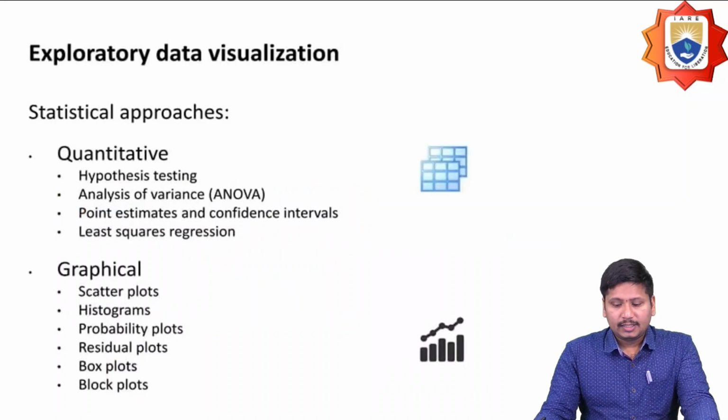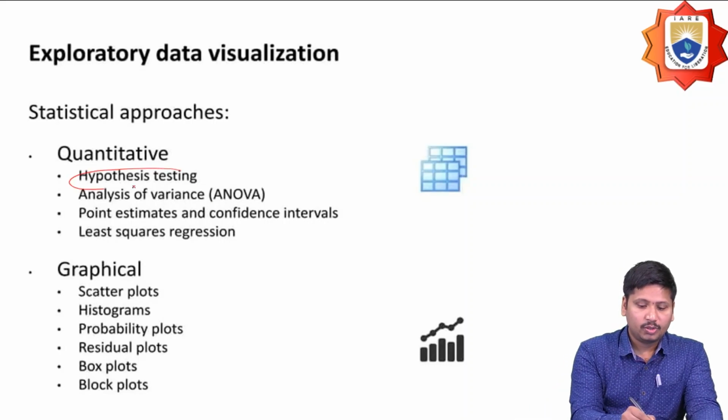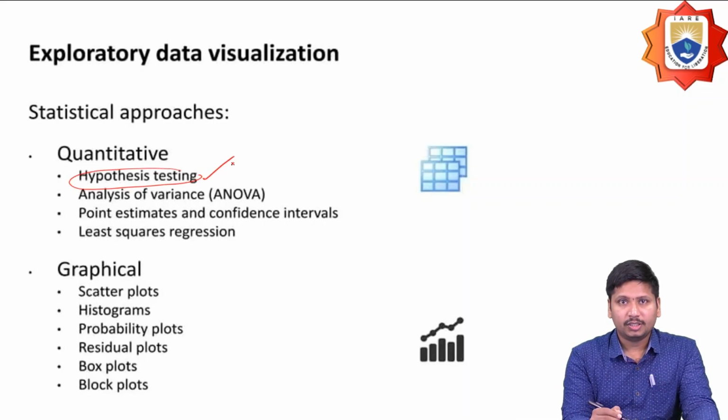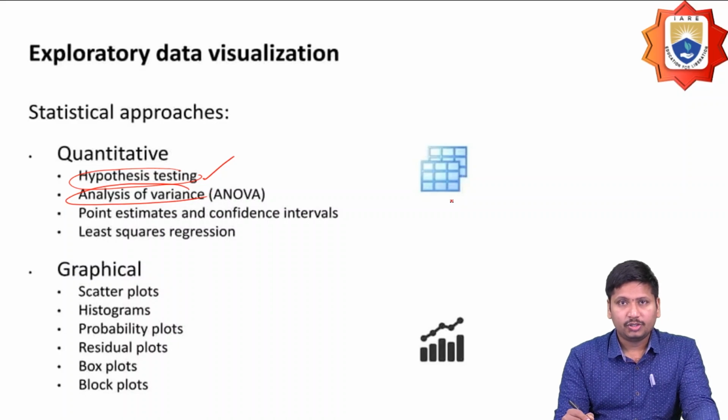And some of the statistical approaches that I can apply in data visualization, if I'm going to consider quantitative data, are hypothesis testing, and analysis of variance, which is another kind of statistical approach we can implement, and point estimates and confidence intervals and least square regression like this.